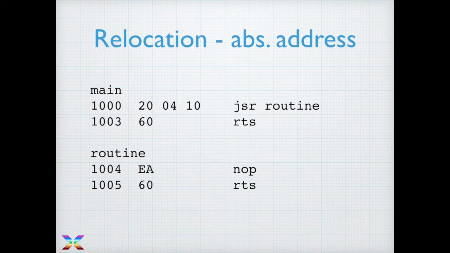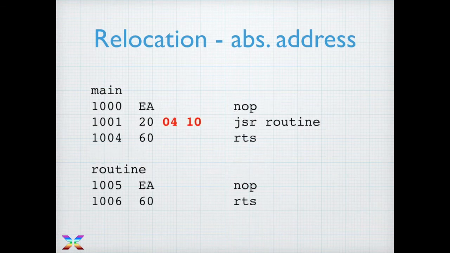The entry point is still 1004. But if I now add an instruction back in my main, everything gets pushed down, and my routine is now at 1005. And if you see at 1001, these digits here in the red are now invalid. That address of 1004 is no longer valid.